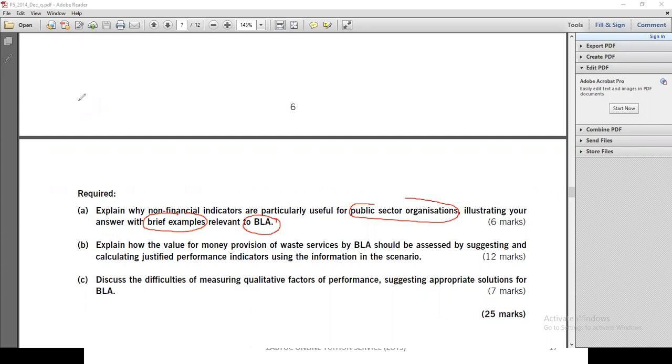Is it true that there's no profit measure in BLA? Is this true? Yes, it's true.